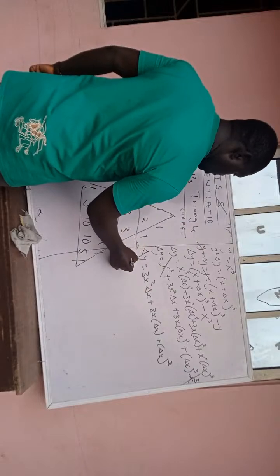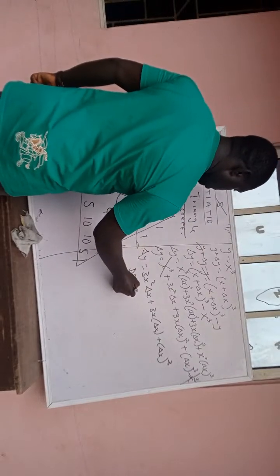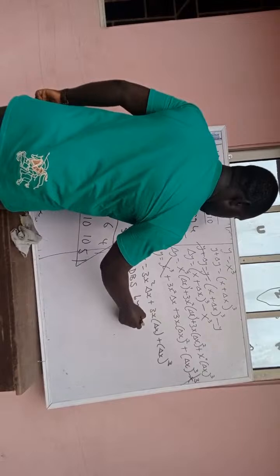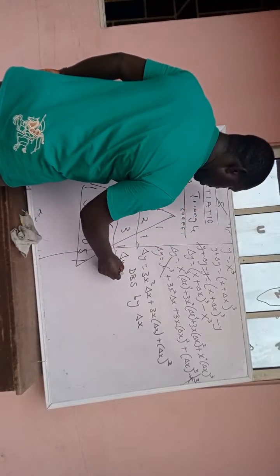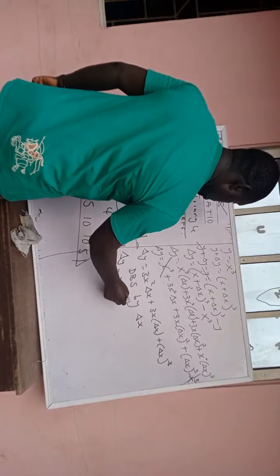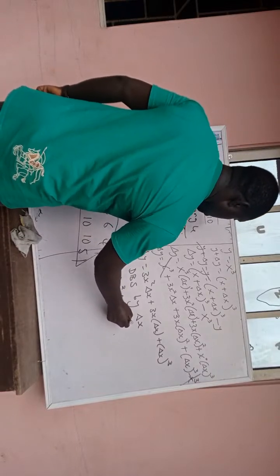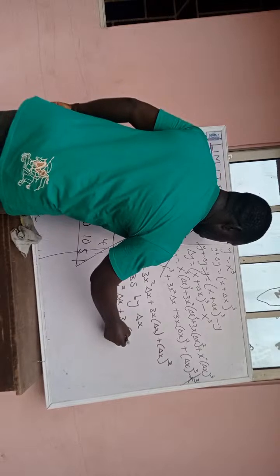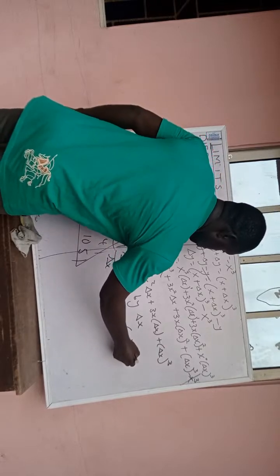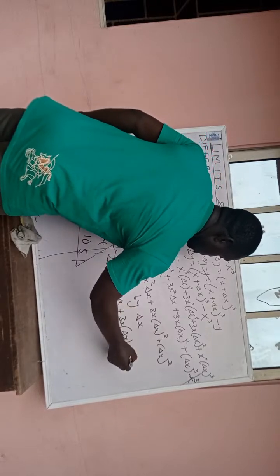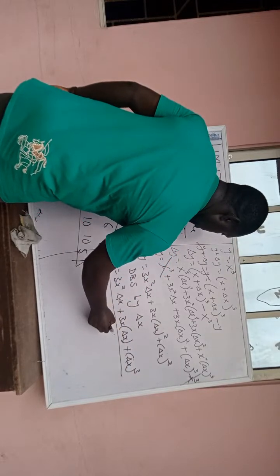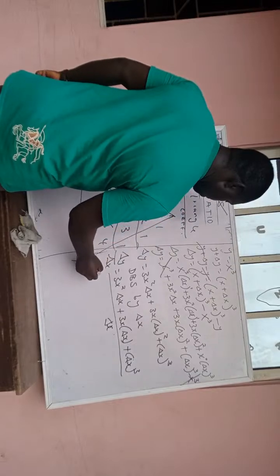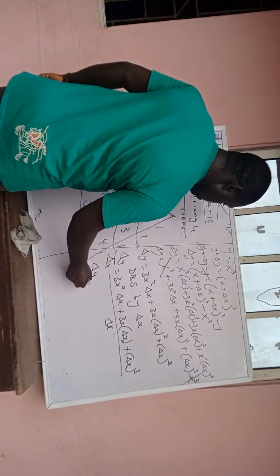So now you can divide both sides by change in x. So change in y over change in x is 3x squared change in x plus 3x change in x squared plus change in x cubed, all over change in x.